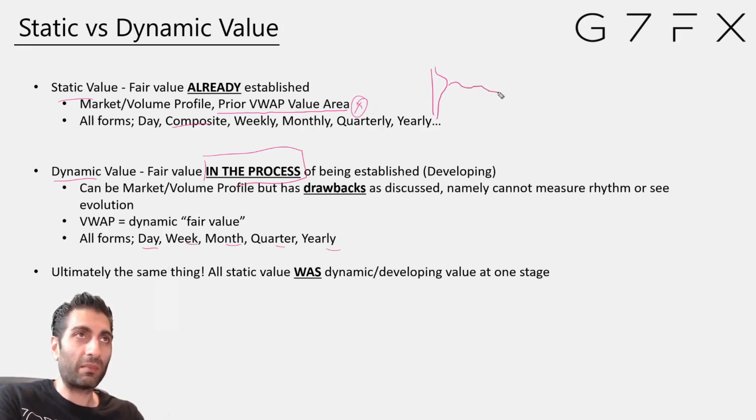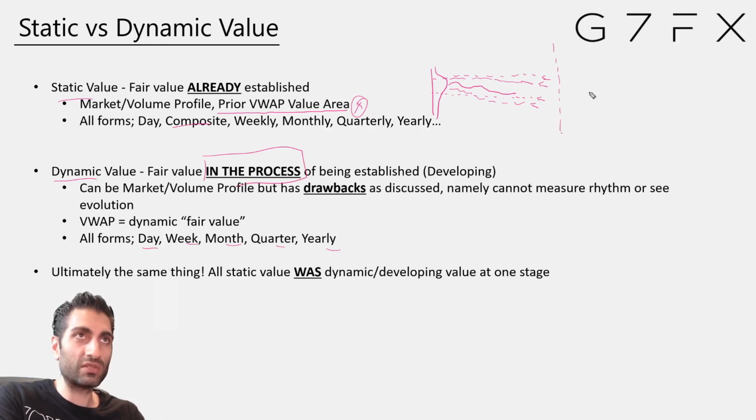The VWAP might be like that, and then the standard deviations might be like that. Assuming this isn't perfectly normal, it's going to be slightly off normal. But whatever. The point is the value areas from this, right? Can you see the value area for this? This is just the VWAP line here. That's the VWAP standard deviations, and that's the volume profile standard deviation.